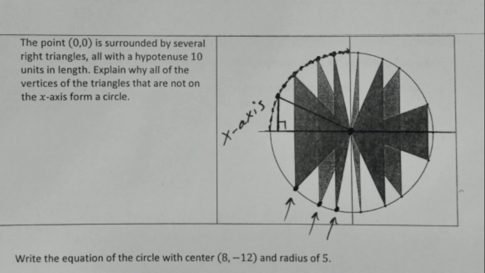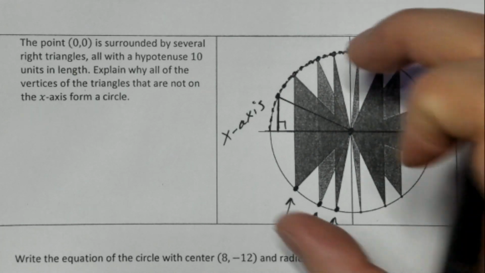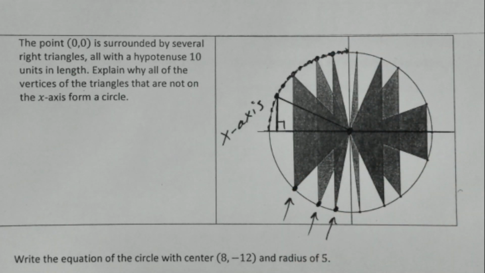Okay, I will actually leave up to your imagination how you want to answer this question. Just make sure you talk about the hypotenuse, and adding more triangles will pretty much create the shape of a circle, given that all the new triangles will have the same length of 10 for their hypotenuse.